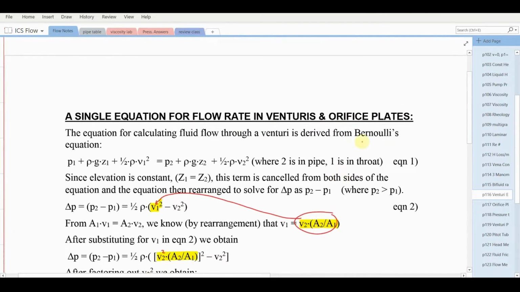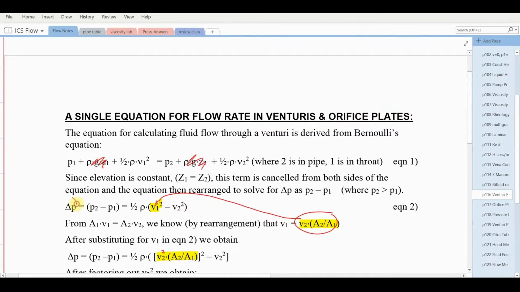We'll start with Bernoulli's equation. Recall that the total mechanical energy of a fluid is constant, neglecting friction, and that mechanical energy consists of a pressure term, elevational potential energy, and kinetic energy. In the case of a Venturi or orifice plate, the elevation is constant, so we can just eliminate the elevation terms.